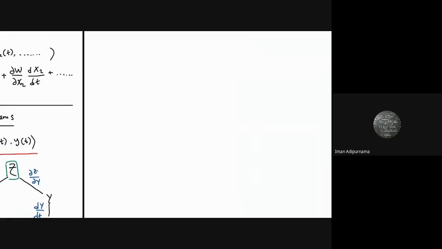Okay, the other thing is implicit differentiation. I have told you this before, but let me explain one more time. Implicit differentiation in calculus 2. Let me review calculus 1 first. You have y equal f of x, right?